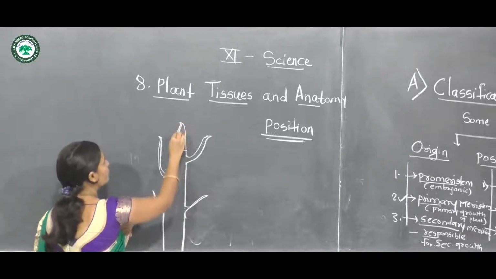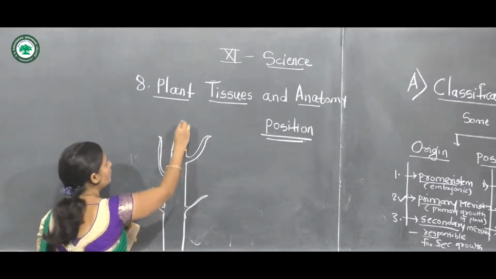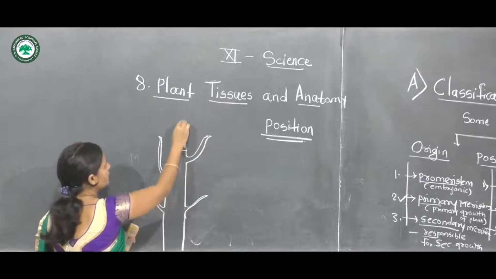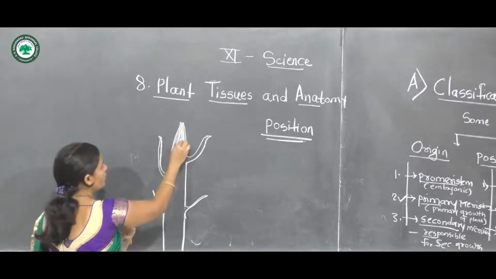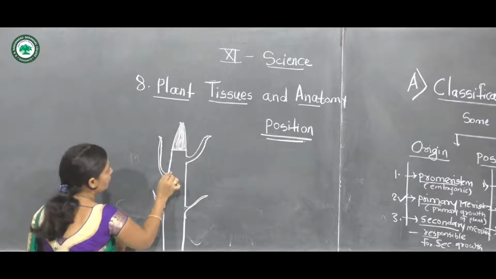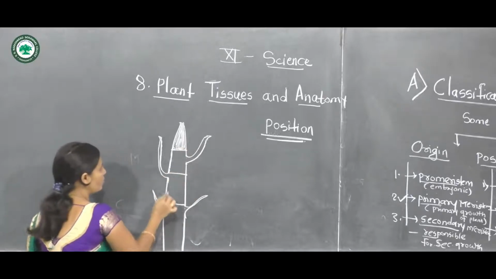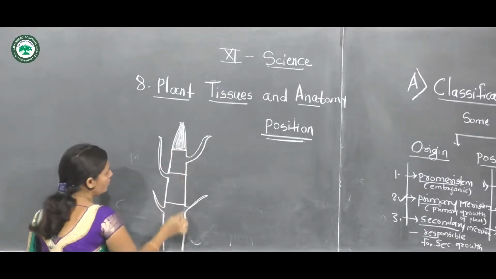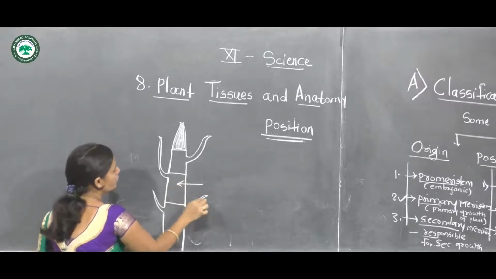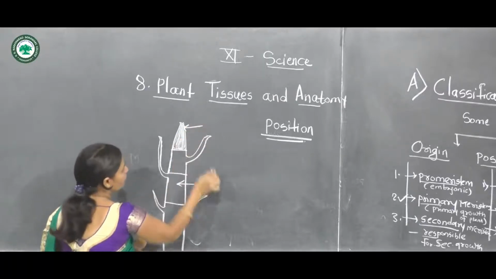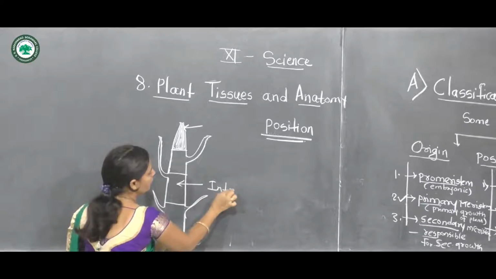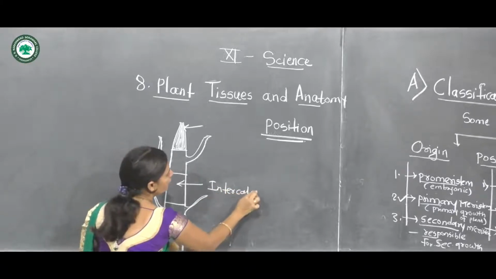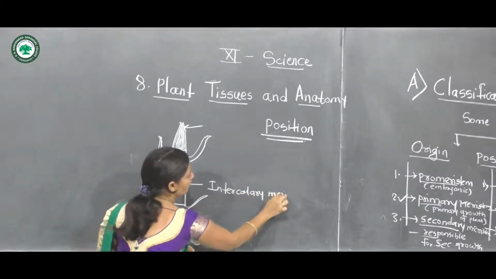This is the first region of meristem, the apical meristem. It is present in this region. In this internodal region, the intercalary meristem is present. Intercalary meristem.